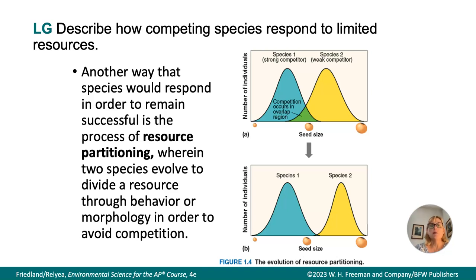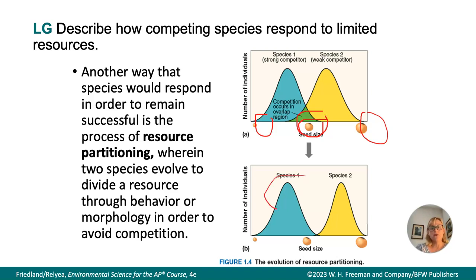So when there is direct competition, a lot of times they partition the resources. For example, if here we have seed size, larger, smaller, and medium-sized seeds. And so these species 1 and species 2 can both eat medium, but they kind of stay away from the medium.